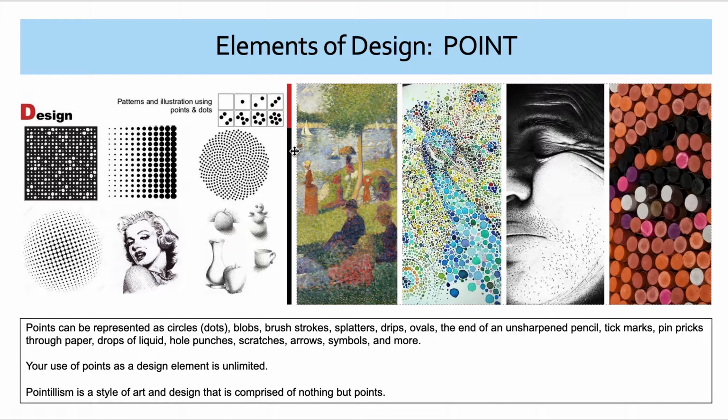Splatters, drips, ovals, the end of a pencil, sharpened or unsharpened, tick marks, and these are unsharpened pencils it's referencing. Tick marks, pinpricks through paper, drops of liquid, hole punches, scratches, arrows, symbols, and more. And the more means anything else you can think of.